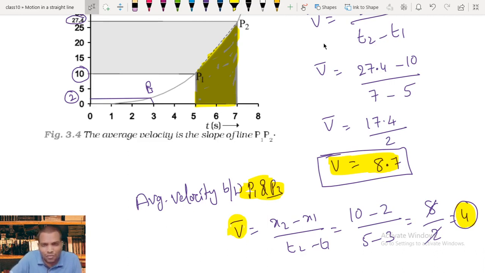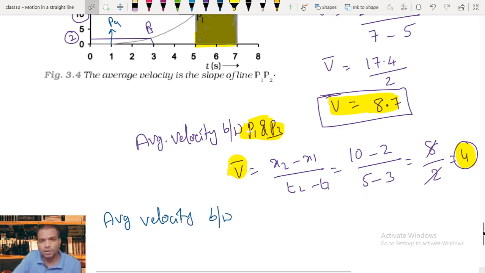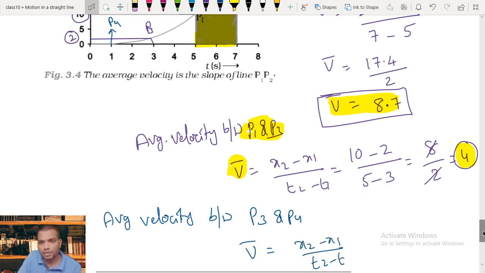Now can I calculate one more? Stay with me. Calculate the average velocity between P3 and P4 from the same graph. Velocity V bar equals the same formula, x2 minus x1 upon t2 minus t1.